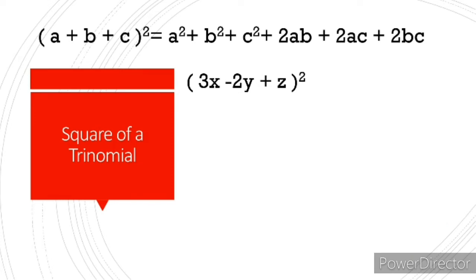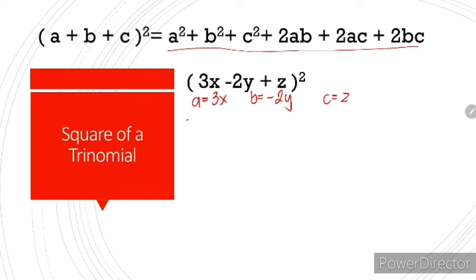So, another example, we have quantity 3x minus 2y plus z squared. So, our letter A here is 3x. Letter B is equal to negative 2y. Letter C is equal to z. Okay, let us apply again.